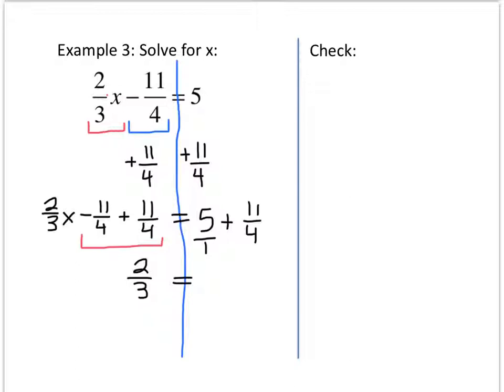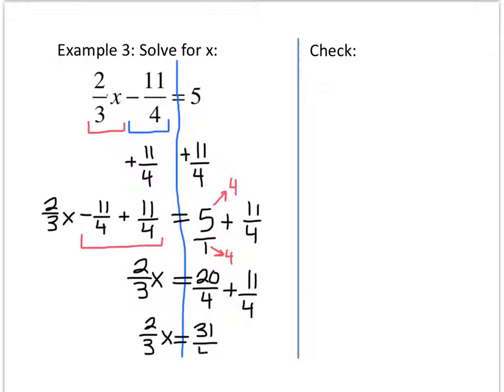So if I multiply both the top and the bottom of this by 4, then I'd end up with down here 20 over 4, and I'll keep that back in black, 20 over 4 plus 11 over 4, which if I combine those, I get 2/3 x equals 31 over 4.